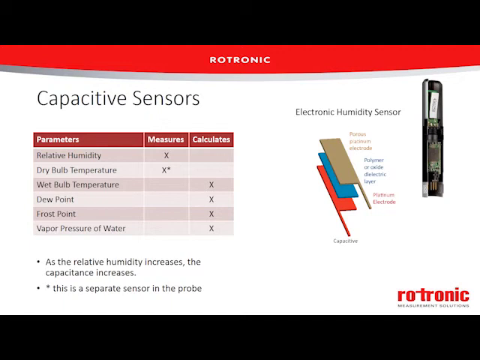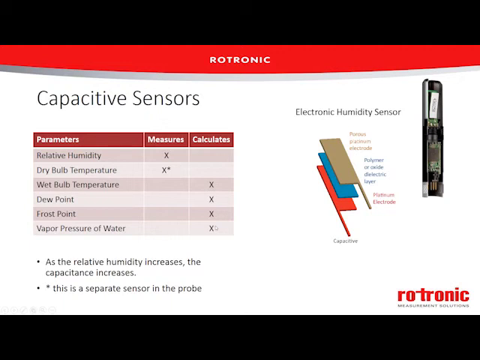As the relative humidity increases, typically the capacitance will also increase. Usually when you have a capacitive sensor, you also have a temperature sensor in the same probe. Based on these two measurements, you can calculate the other parameters: wet bulb, dew point, frost point, vapor pressure, and so on. That's essentially how these capacitive sensors work.